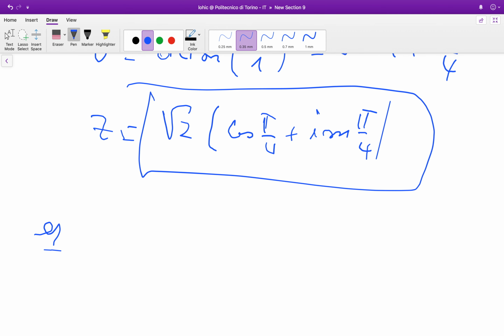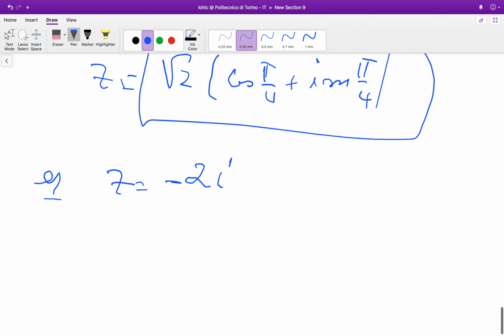Another example for the trigonometric form. Let's try to do, for example, the trigonometric form of minus 2i, z equal to minus 2i. We want its trigonometric form. Here a is 0, and b is minus 2, right?